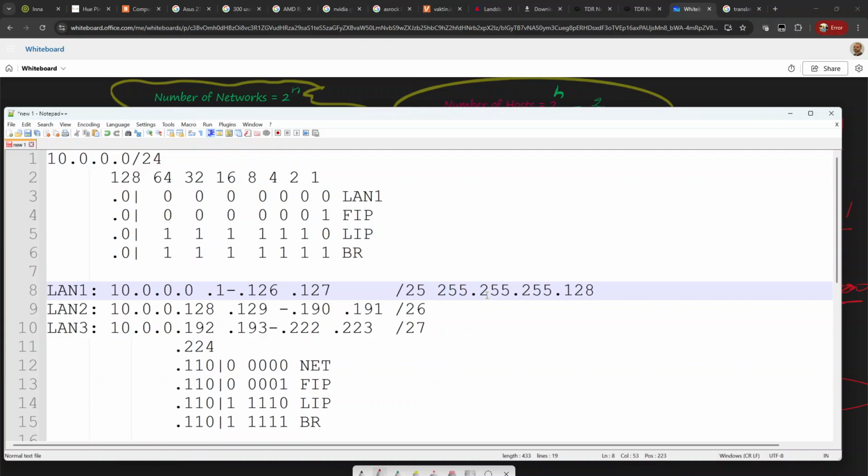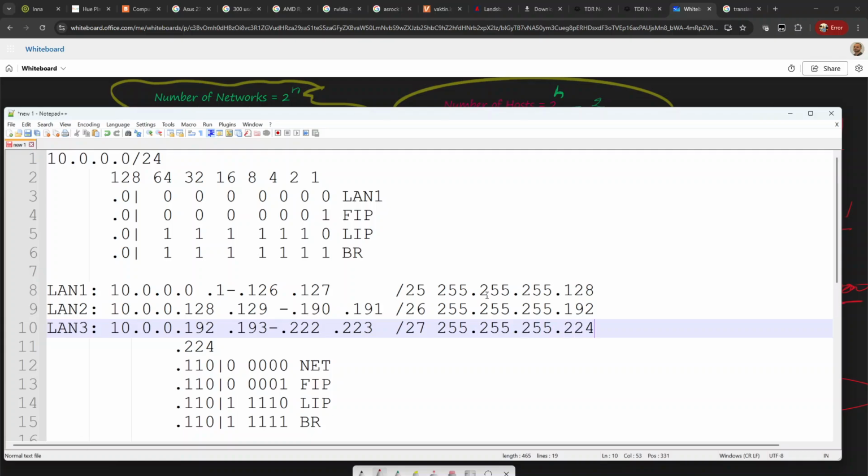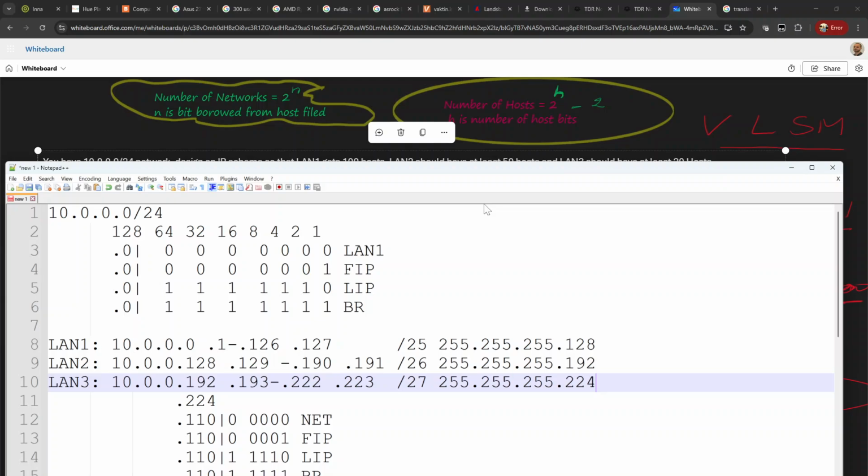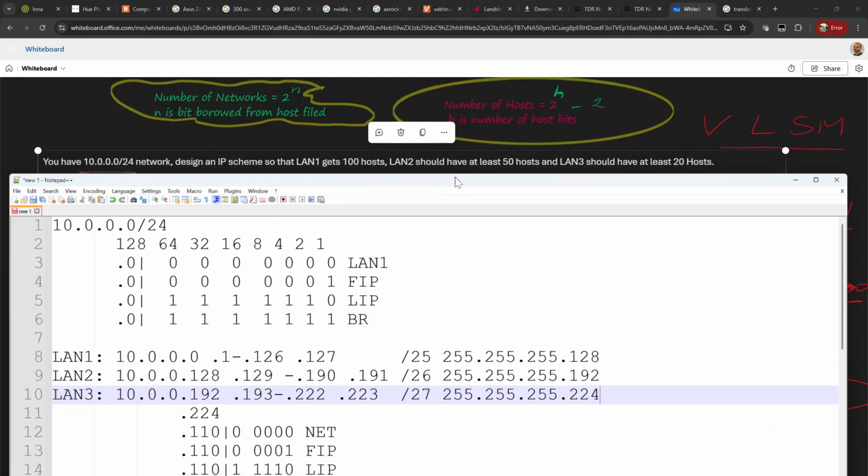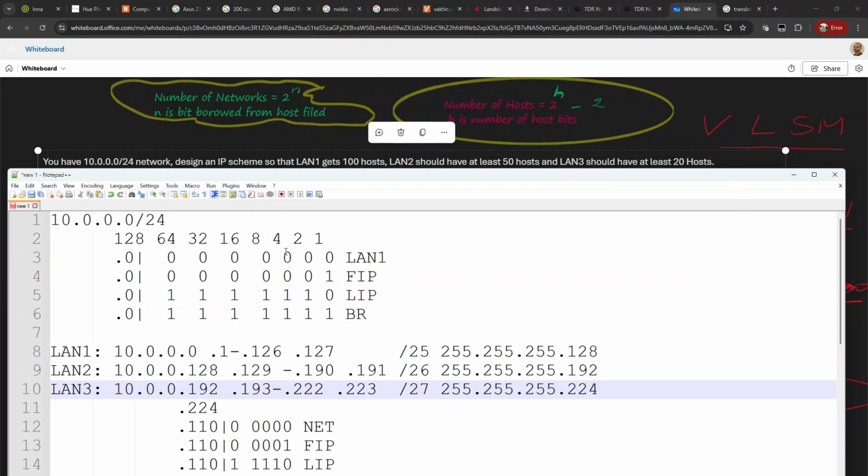So 128, 1 bit turned on at the fourth octet, and here 2 bits turned on at the third octet means that we will get 255.255, all 26 bits turned on, 192, and then 255.255.255.224, because 3 bits turned on, so 128 plus 64 plus 32. This is extra stuff, and remember to write down the chart. Remember the 2 formulas that we mentioned here, and if you get confused, write the bits in binary.